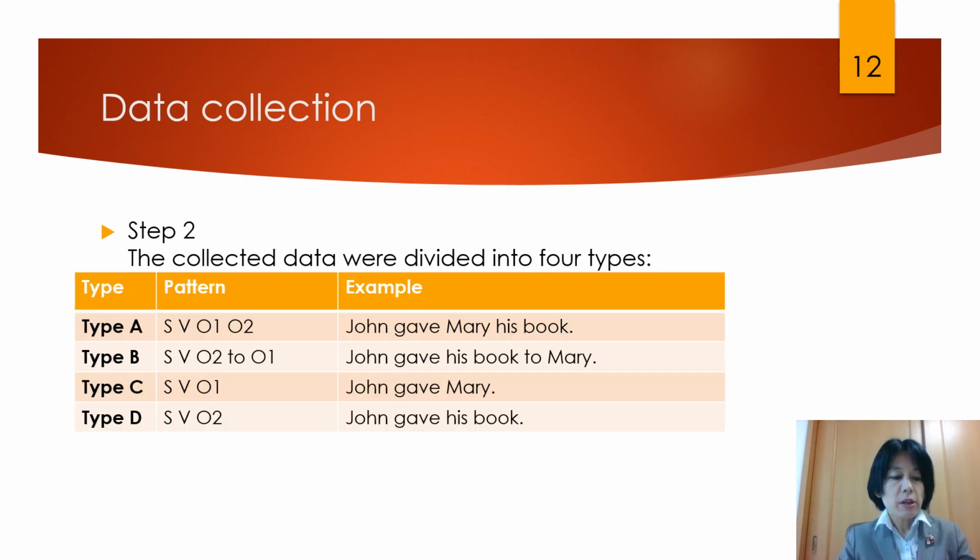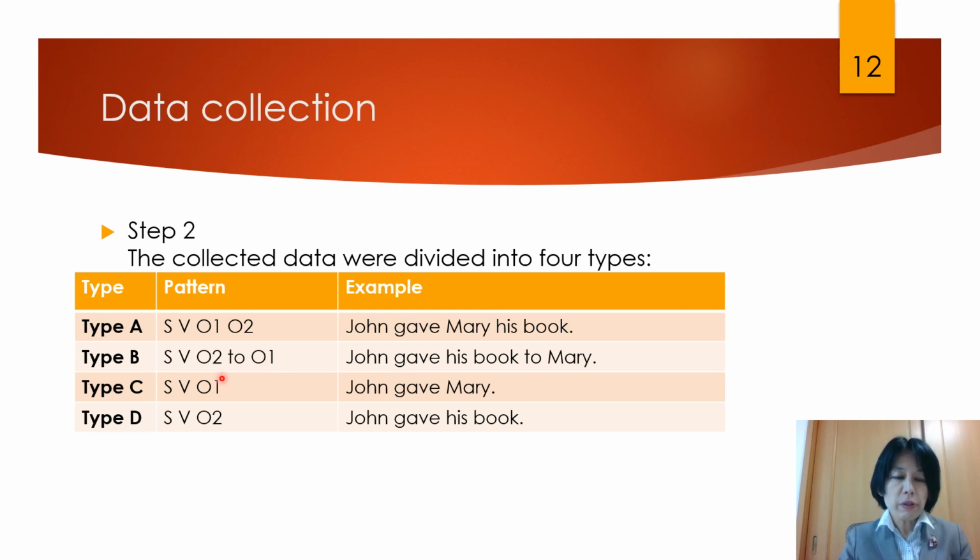After that, the collected data were divided into 4 types: Type A, Type B, Type C, and Type D. Type A is a double object construction, and Type B is a prepositional dative construction.